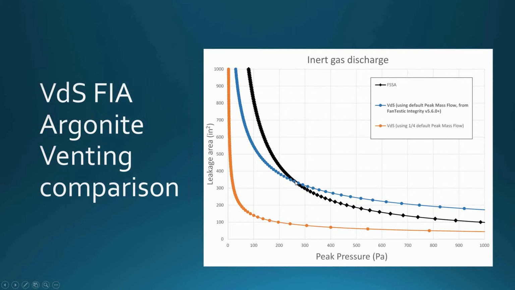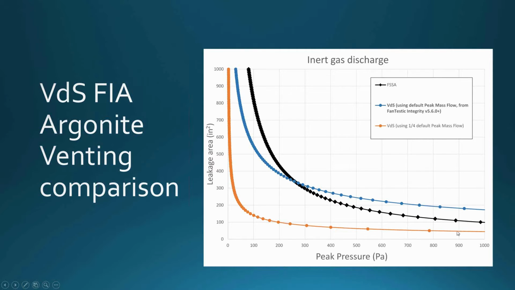So what we've done in the latest version of our software is we have defaulted the VDS FIA curves, or the mass flow rate, to be 4.5 times the average flow rate, so that we get at least one point that's in the right place. Now the curve down at the bottom is the average flow rate.